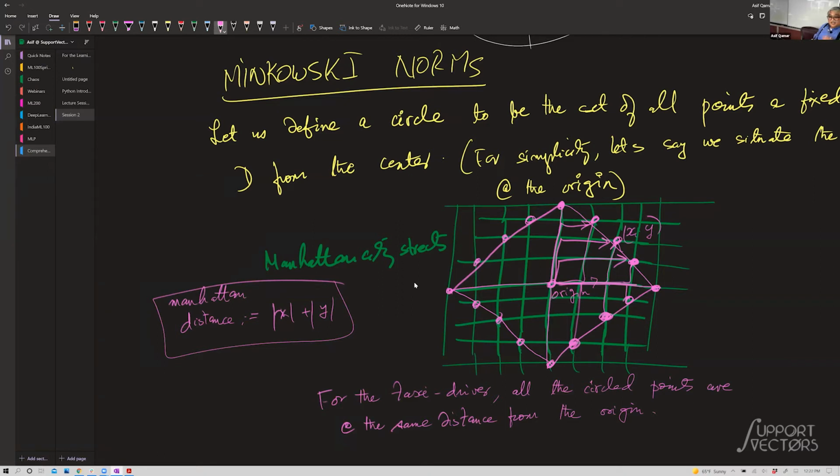So we call it the Manhattan definition of distance. And this is very interesting because we realized that if you use the Manhattan distance, to the taxi driver, a circle has this diamond look, this rhombus-like look. You agree, guys? It has this peculiar look, or it's actually a square on its side.